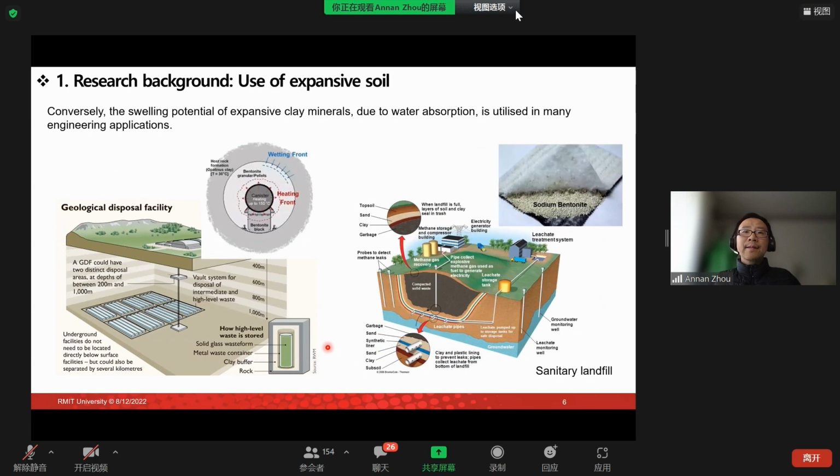On the other hand, the swelling potential of expansive clay mineral due to water absorption can be utilized in many engineering applications.